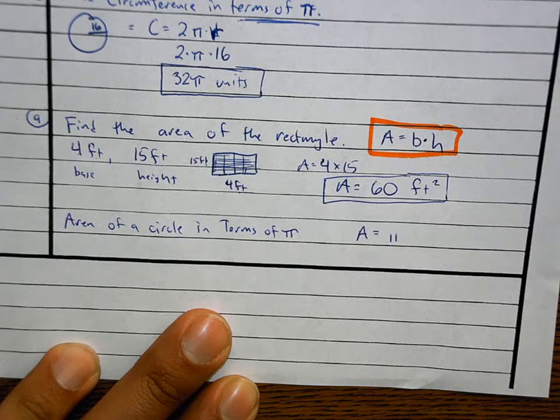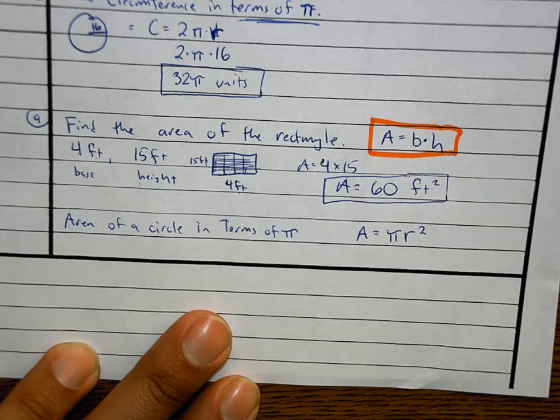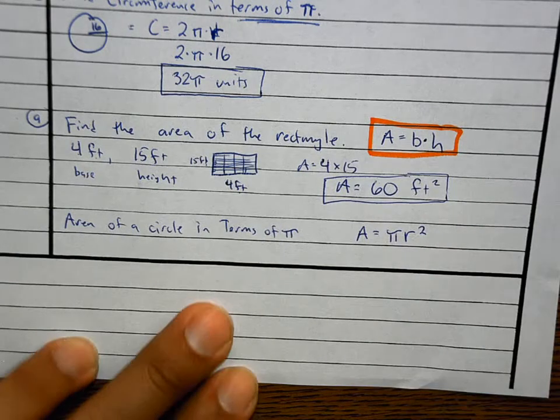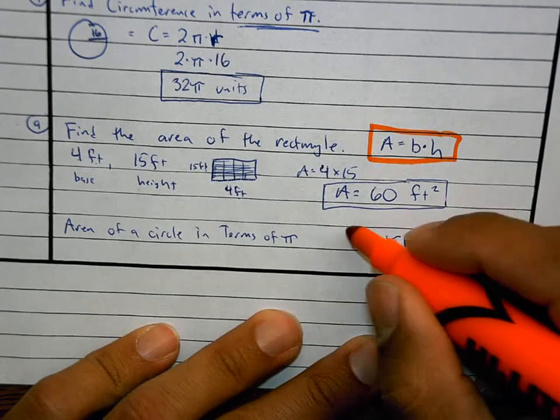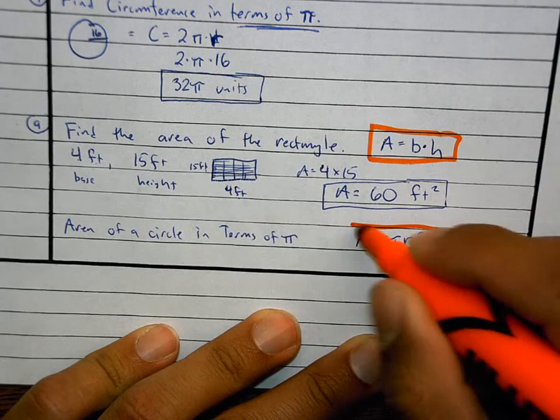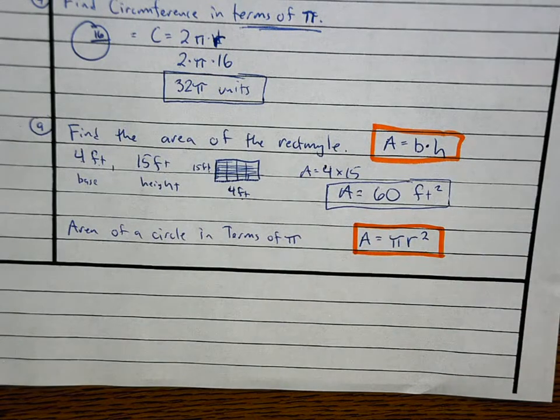We don't know. C equals 2. Nope, that's circumference. Pi r squared. Area of a circle is pi times the radius squared. So I'm going to put a highlighter around that one as well.